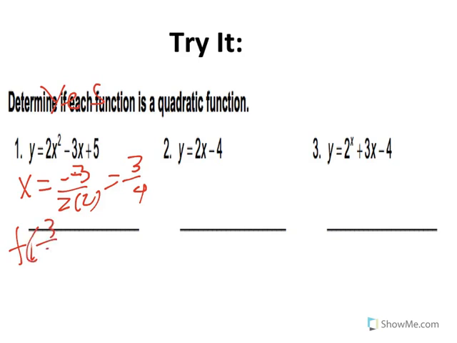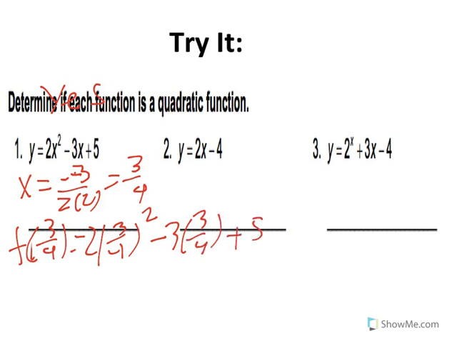So 3 over 4 squared minus 3 times 3 over 4 plus 5. So this gives us 2 times 9 over 16 minus 9 over 4 plus 5. And from here we can use our calculator to work this out.